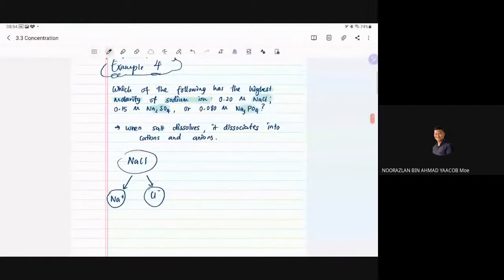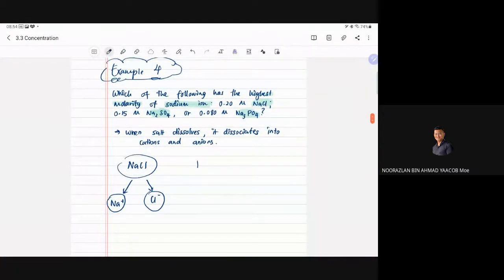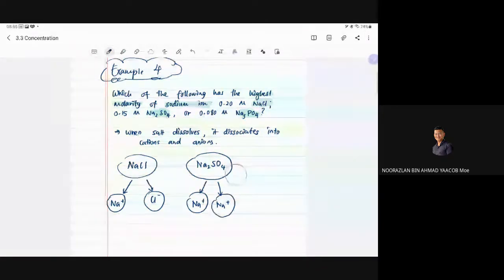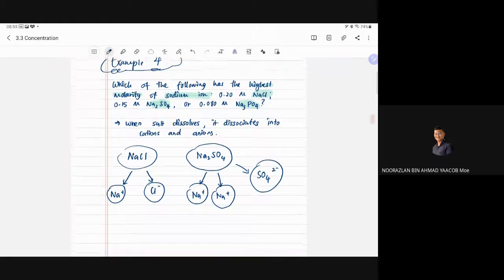Okay. Manakala kalau kita ada Na2SO4, dia akan pecah jadi Na plus darab Na plus, lepas tu dia akan pecah lagi Na plus juga, lepas tu dia akan pecah SO4 2 minus. Ni kamu kena hafal formula ni.